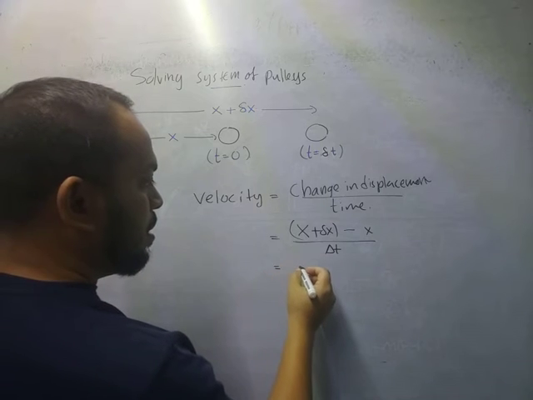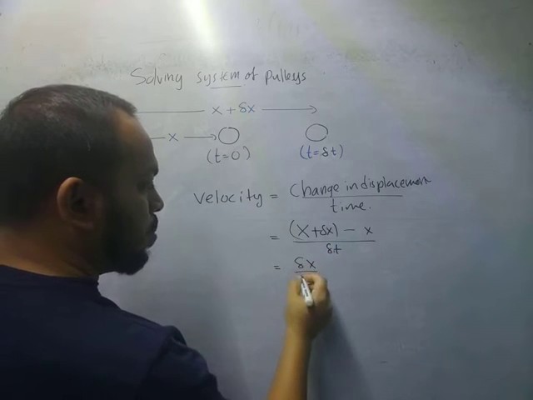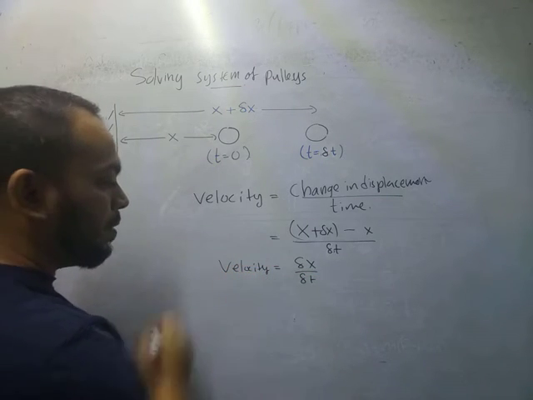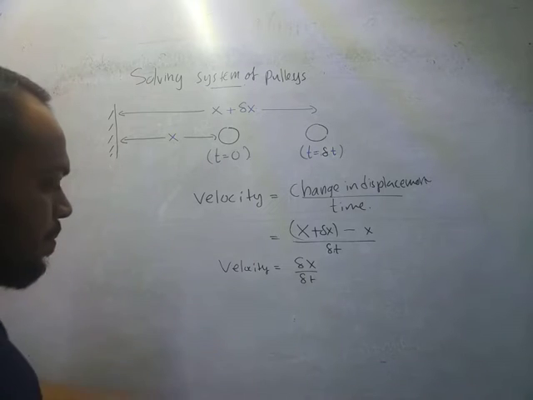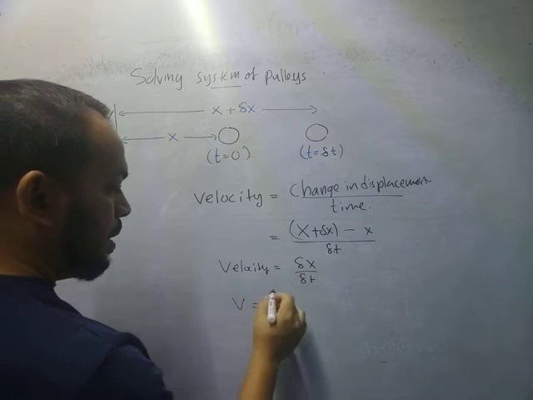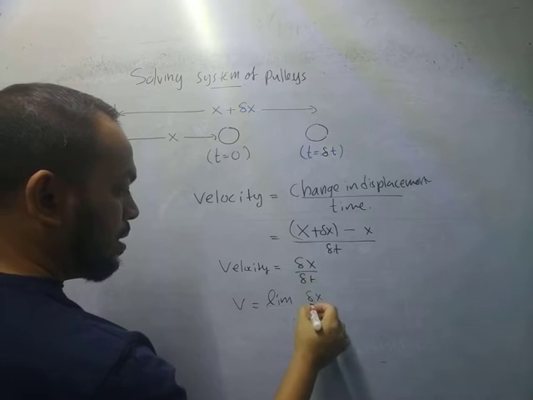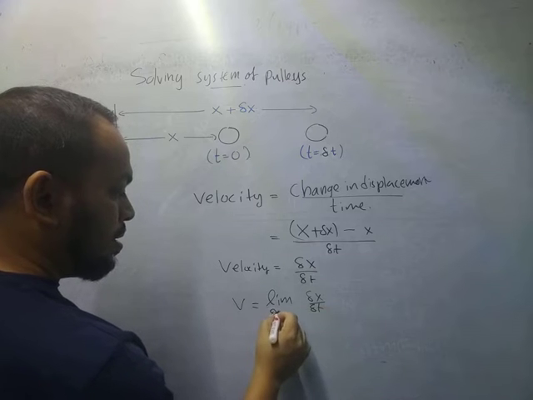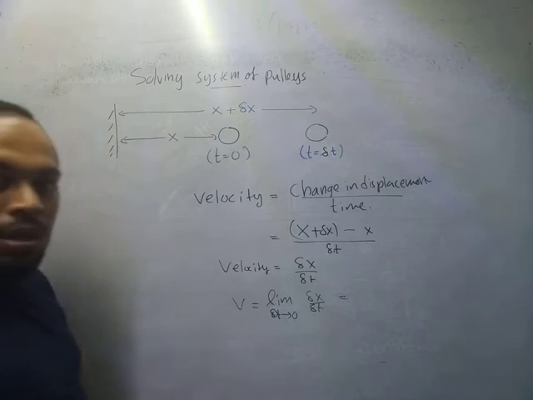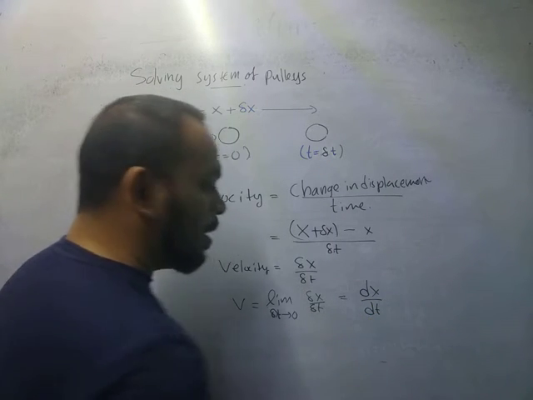So this gives us delta x over delta t, which is our velocity, right? You learned that instantaneous velocity is therefore defined as the limit of this entity as delta t goes to 0. This is the definition of the derivative dx by dt, right?